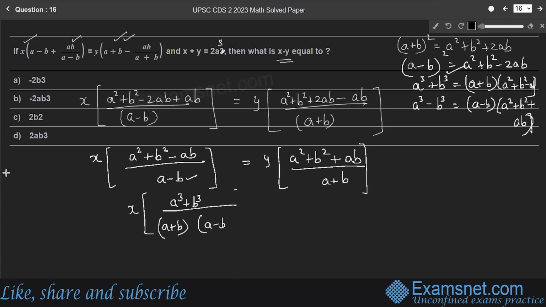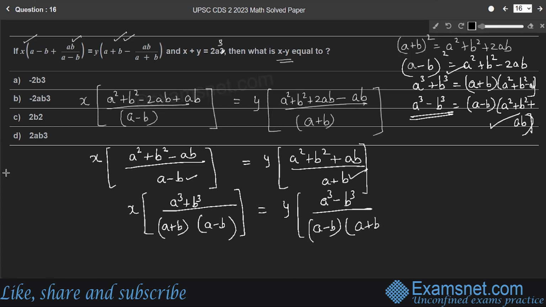Is equal to y into (a square plus b square plus ab), which is nothing but (a cube minus b cube) by (a minus b). We'll write it down. (a cube minus b cube) by (a minus b) into, we have already (a plus b) in the denominator, right?